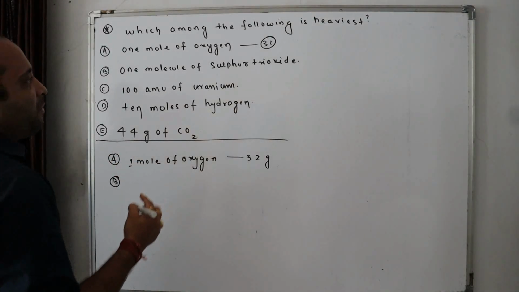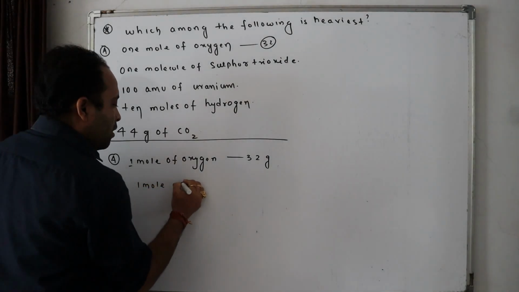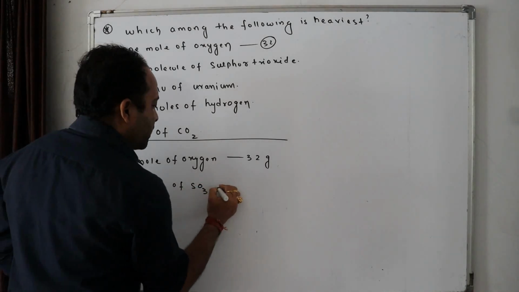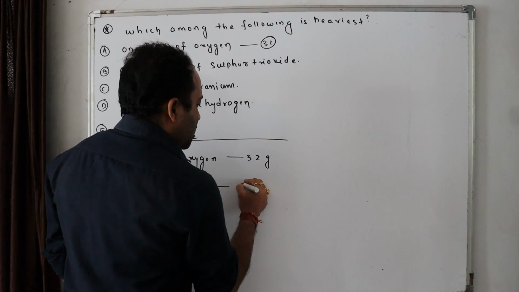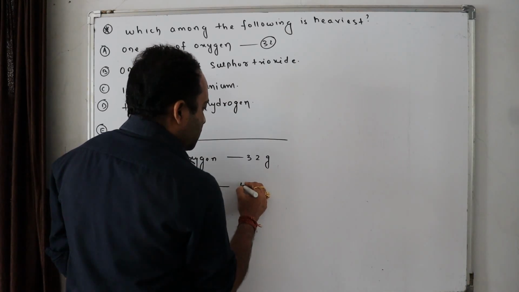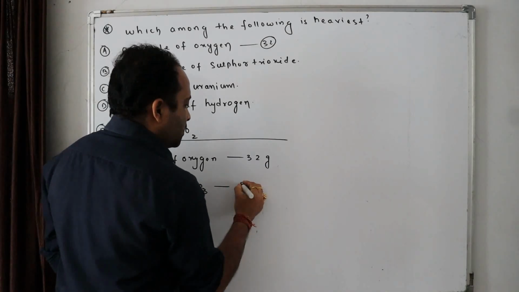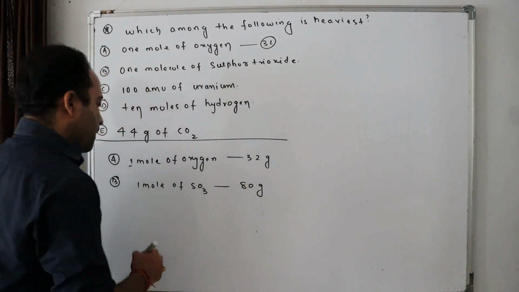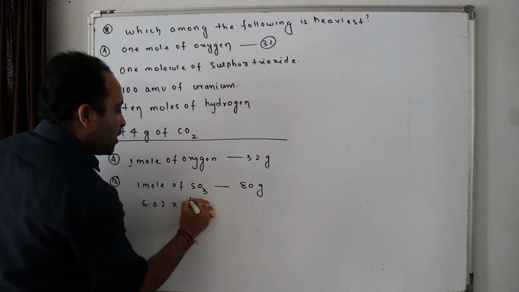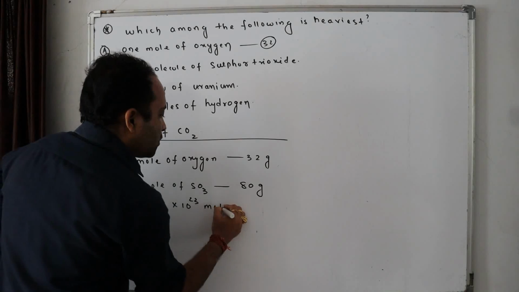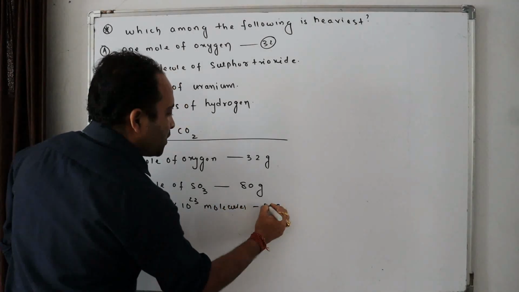One molecule of sulfur trioxide. Now, first of all, 1 mole of sulfur trioxide is how much? Sulfur is 32, oxygen is 16 into 3, so 80 grams, isn't it? It means 6.02 into 10 to the 23 molecules have mass 80 grams, isn't it?